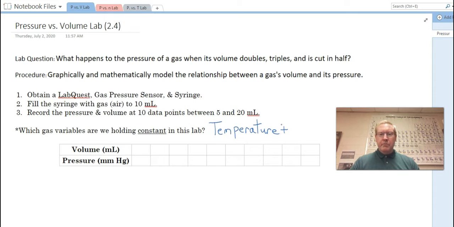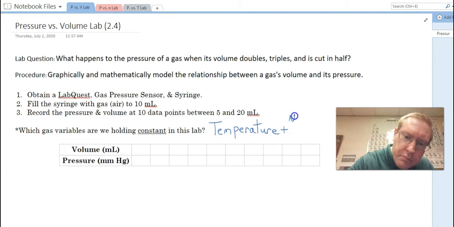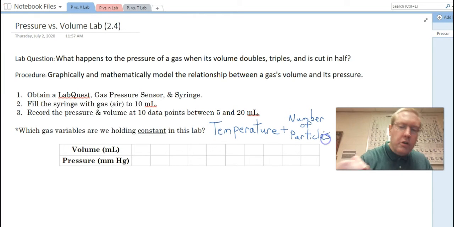That's why, just a minute ago, I filled up my syringe to 10 milliliters, and I'm not going to put any more air in or take any air out while I'm collecting data in this lab. I'm just going to push on the plunger to change the volume. So we want to keep temperature the same and number of particles.